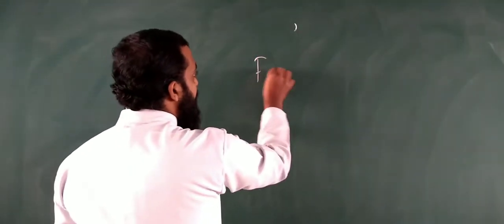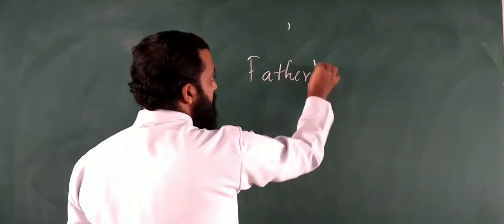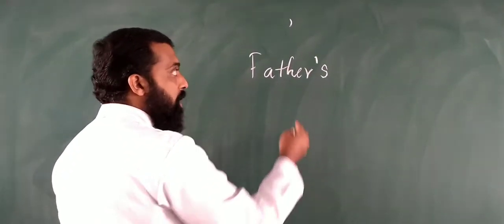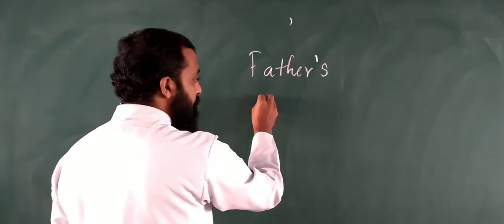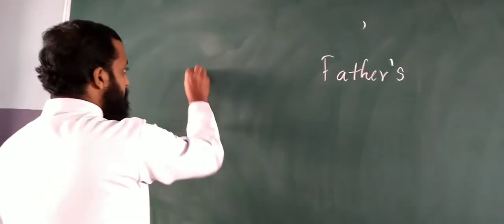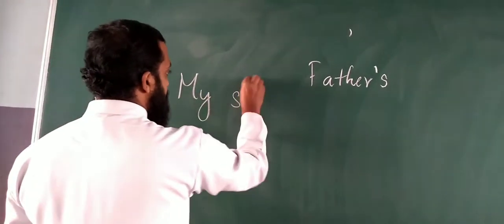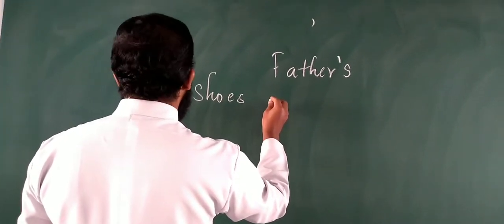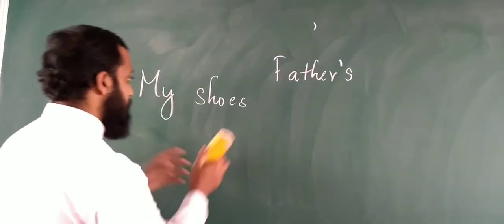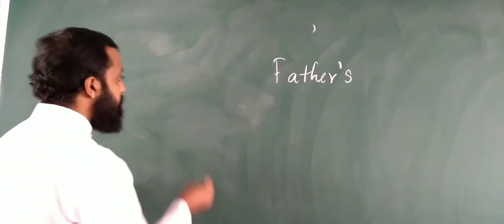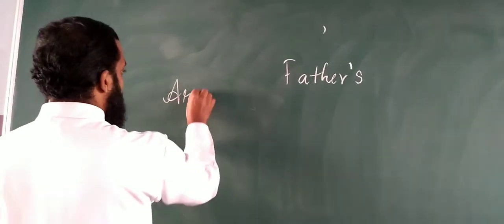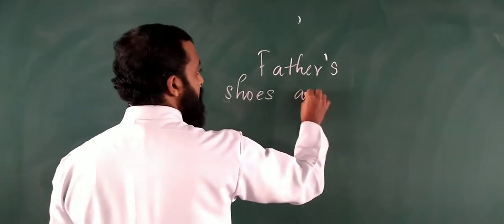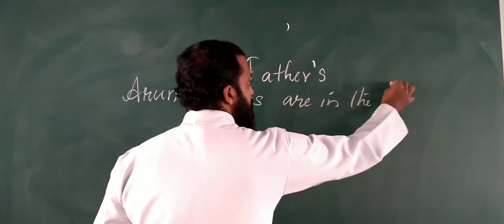That means father's, of my father, mother's, brother's. Now if this apostrophe is not used, for example, instead of my shoes, we'll put another sentence: Arun's shoes are in the box.